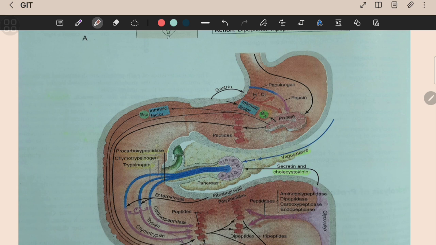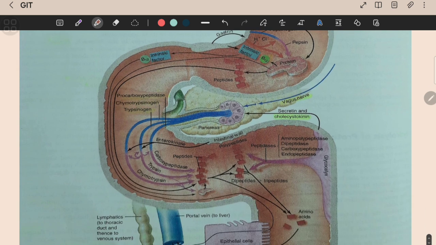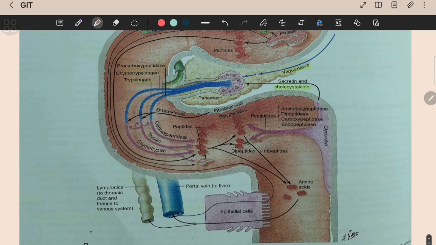Now see these proenzymes which are produced in the pancreatic juice: procarboxypeptidase, chymotrypsinogen, trypsinogen. Now see how the process happens. There is an enteropeptidase released from the intestinal juice. This enteropeptidase is very important, because autodigestion of the pancreas is prevented by it.